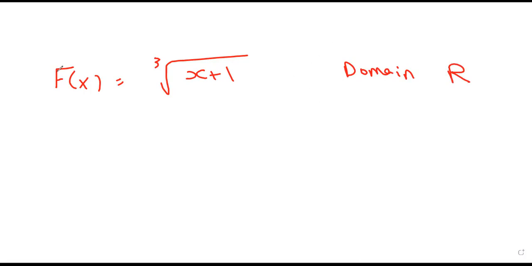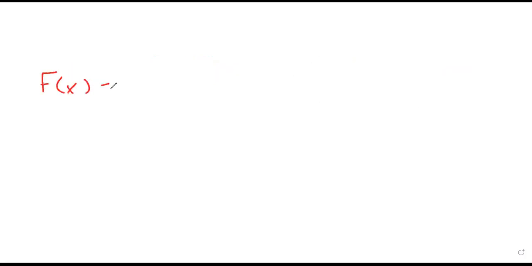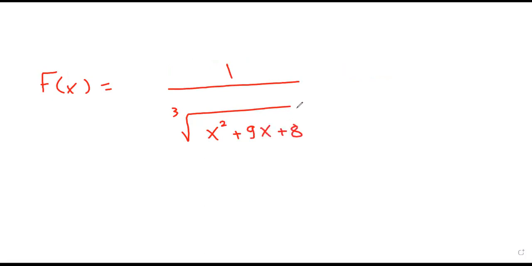What if I have something like f of x equals 1 over the cubic root of x squared plus 9x plus 8? Let's analyze it simply. Because this is a cubic root, we can find it for any value, any positive value, any negative value.